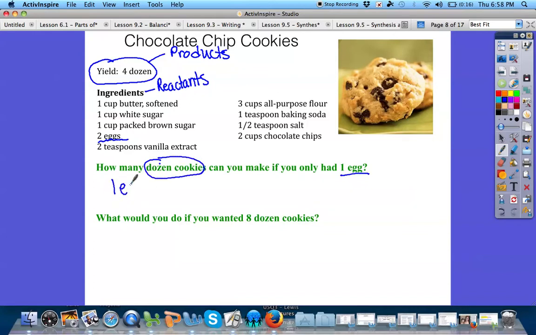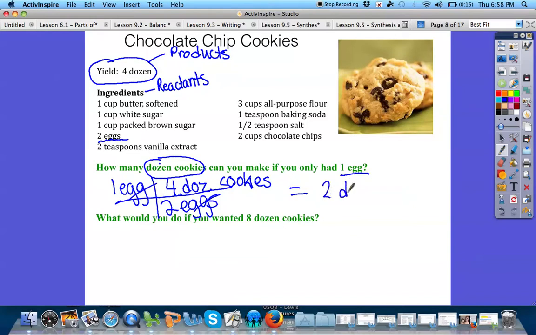So 1 egg, and then our recipe calls for 2 eggs, and the recipe produces 4 dozen cookies. So eggs cancel, and we're going to be left with 2 dozen cookies.